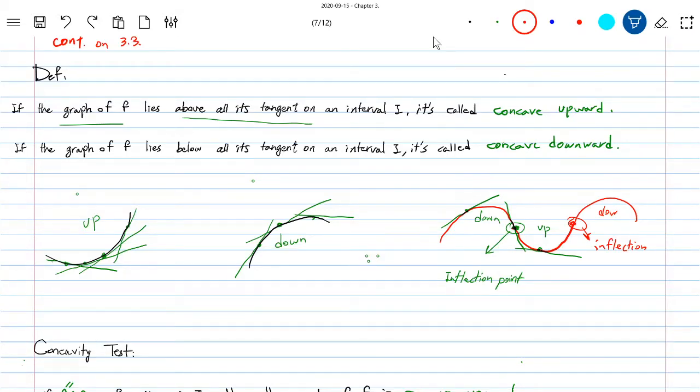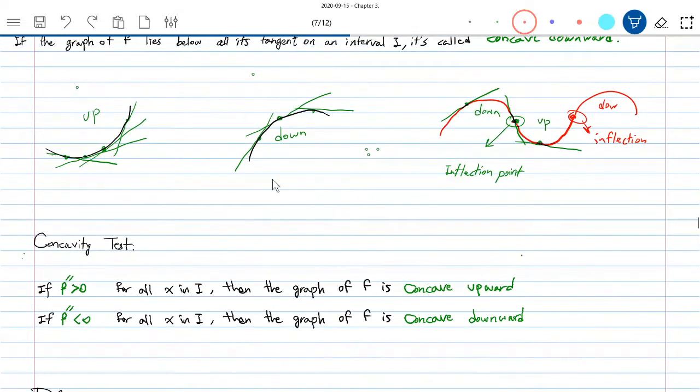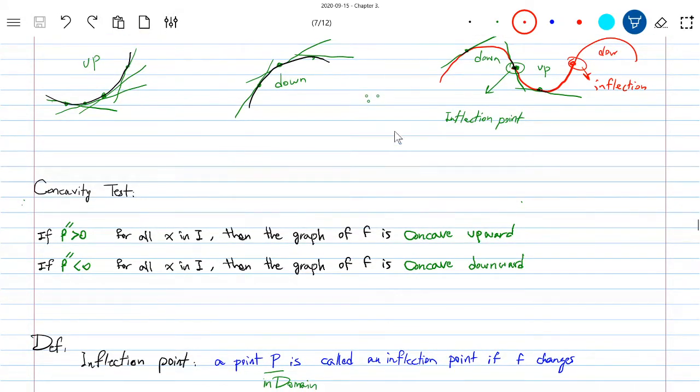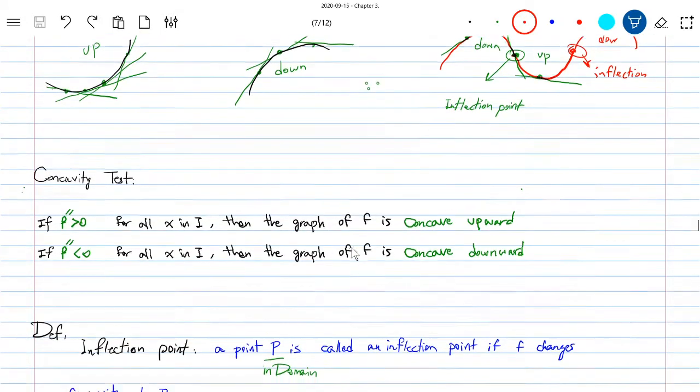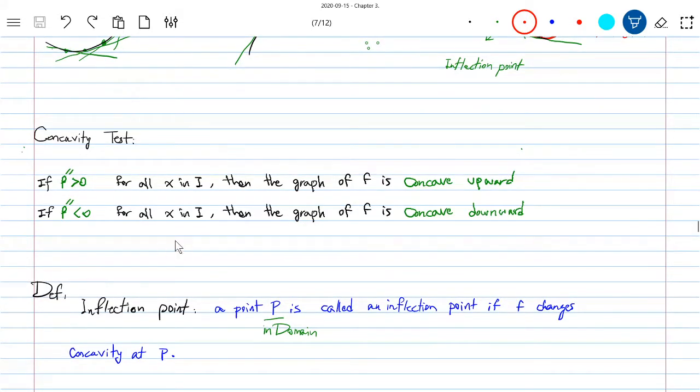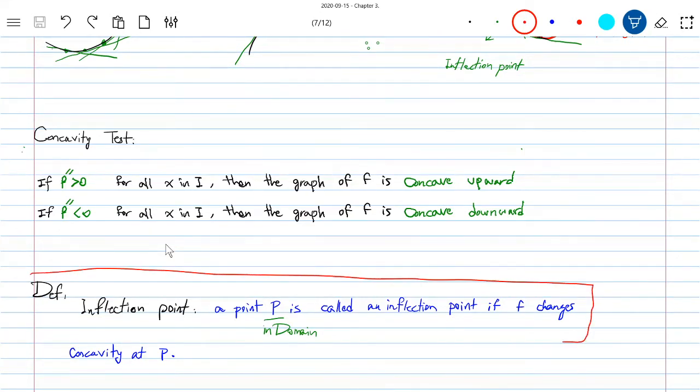I wanted to mention it through the graphing before the definition. A point in the domain is called an inflection point if there is a change in the concavity at that specific point. We call it point P.